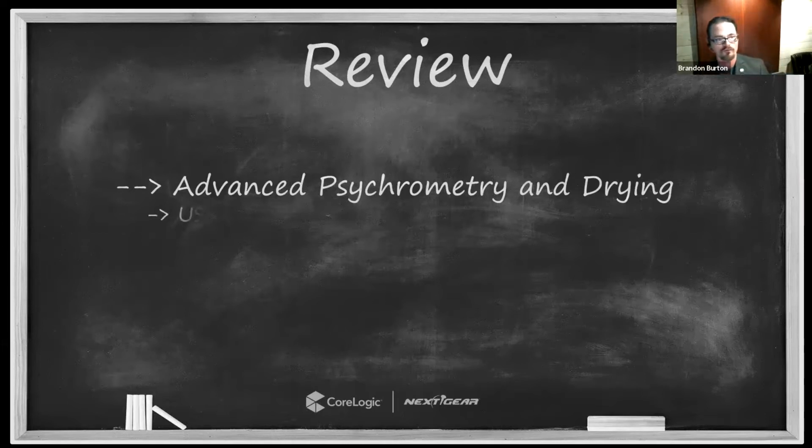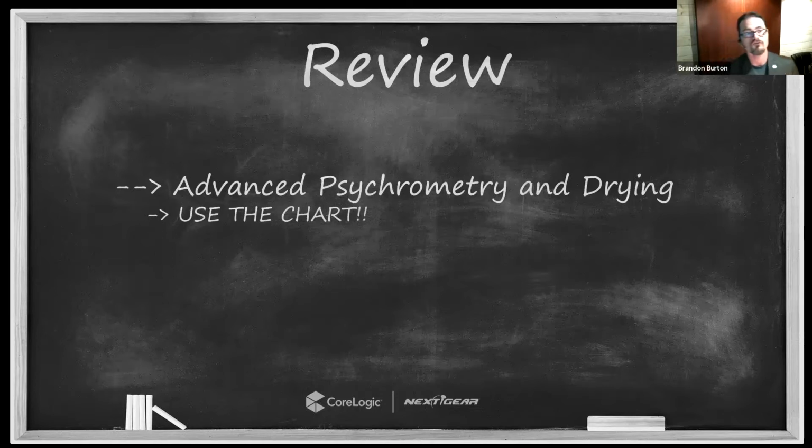So real quick review. With advanced psychrometry, a couple things I want to drive home. First of all, use the chart, use the chart, use the chart. The more you play with a psychrometric chart in the field, and I don't care if you've got an app that gives you grains, or a hygrometer that calculates it for you and all that kind of wonderful stuff. That's lovely, but it also makes us quite lazy when it comes to thinking about psychrometry.